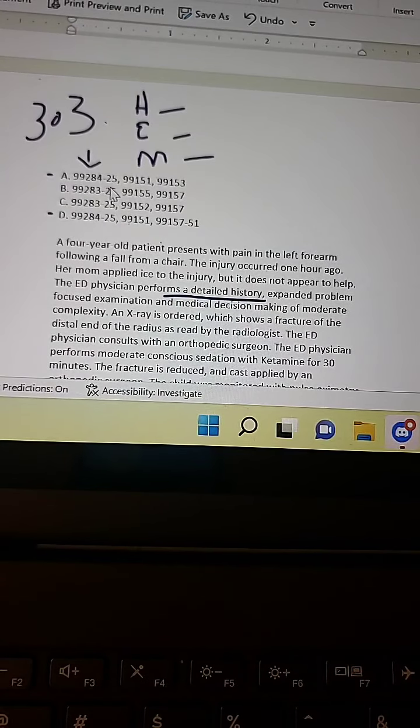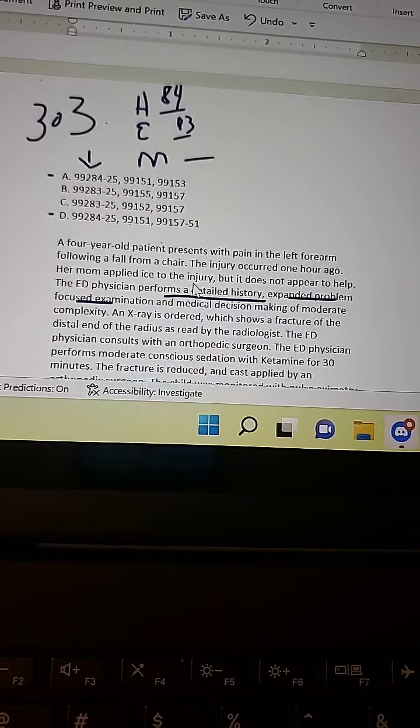Our detailed history is an 84, so we can write 84 here. Our exam is an expanded problem focused, so that's lower, right? That's going to be our 83. We got 2 83s.